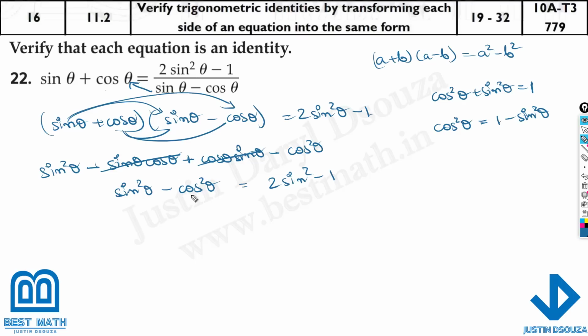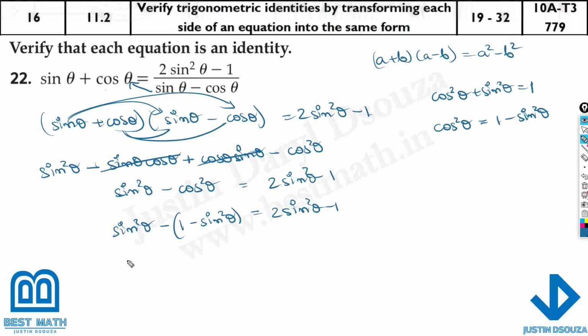So can I substitute instead of this cosine 1 minus sine squared? Because I need sine squared theta here. There's no cosine. So I'm going to remove this off. So it's going to be sine squared theta minus, open the bracket, because cosine is 1 minus sine squared theta. That should be equal to sine squared theta minus 1.